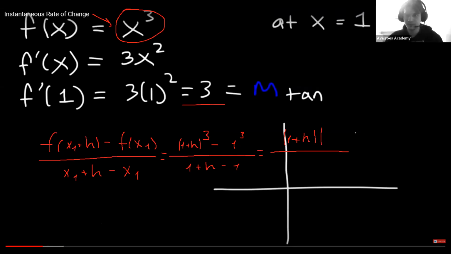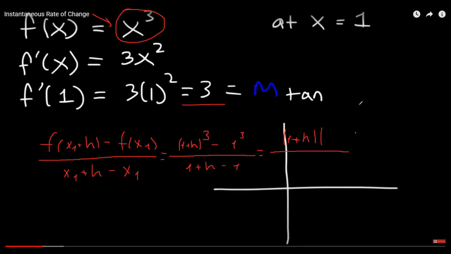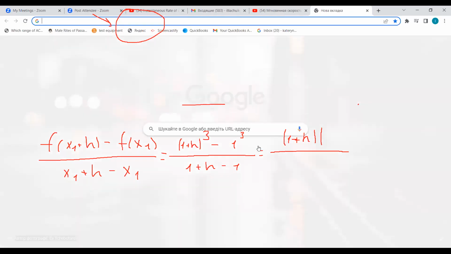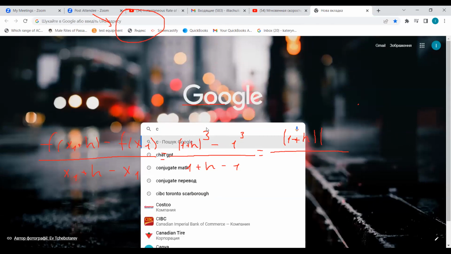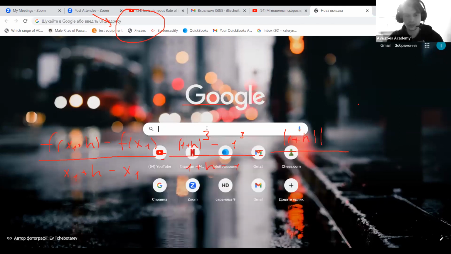So would it be 1 plus 3h? No, I forgot how they taught me. Well, let's check the formula.